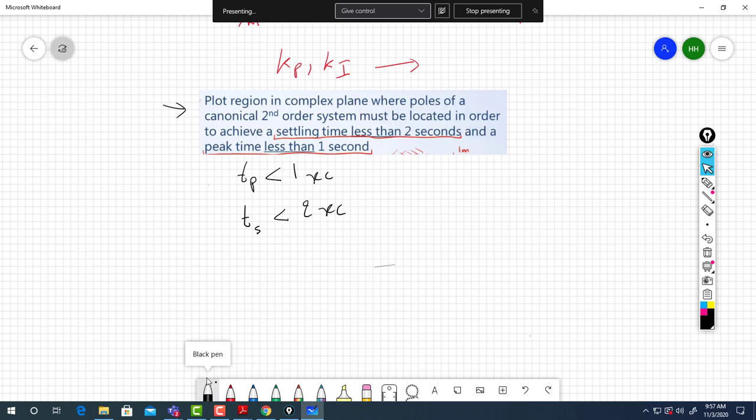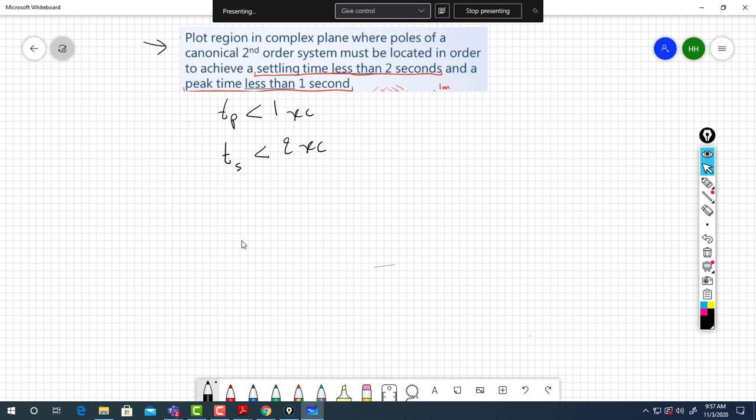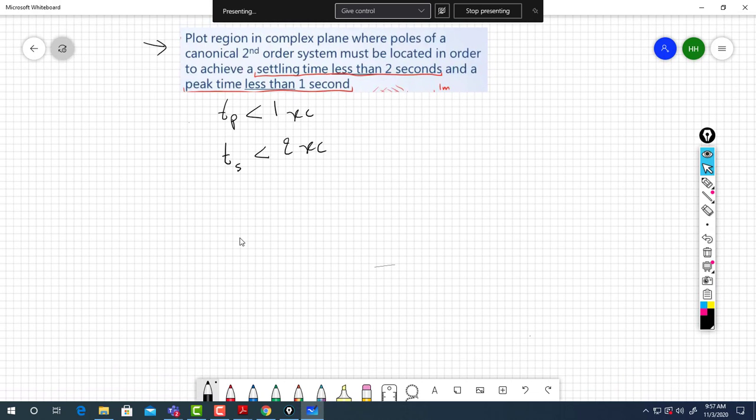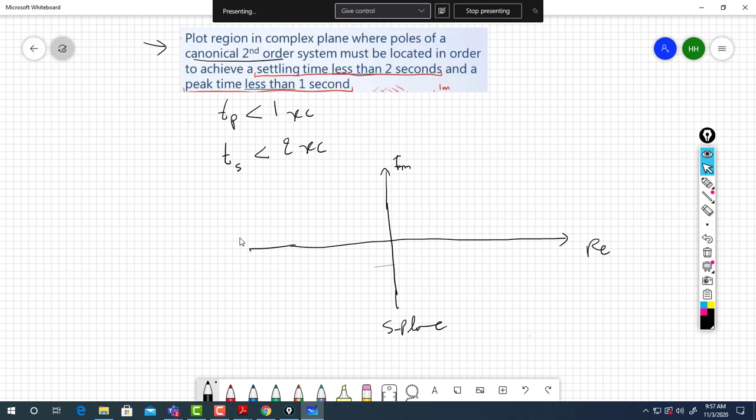So now I have the complex plane. This is my S plane, with the real part and the imaginary axis. Look at the canonical second order system, because this is very accurate.